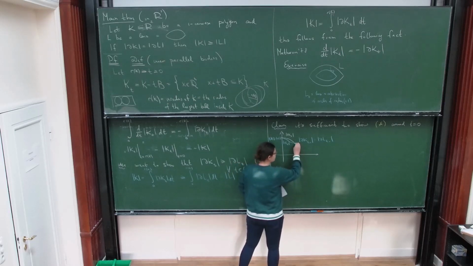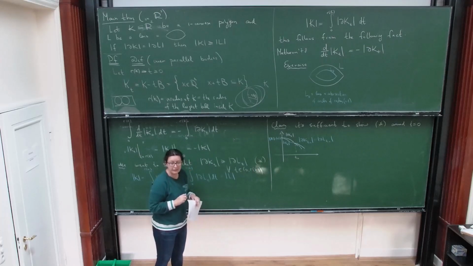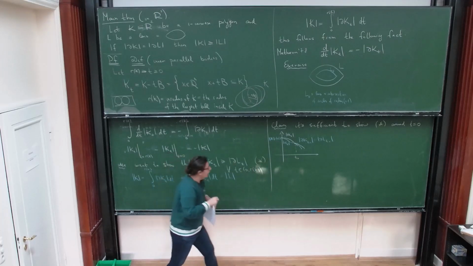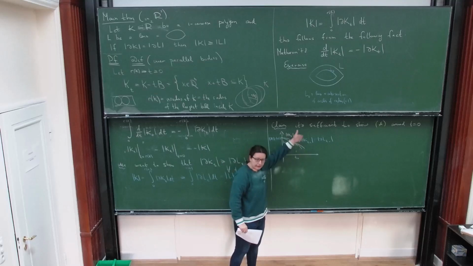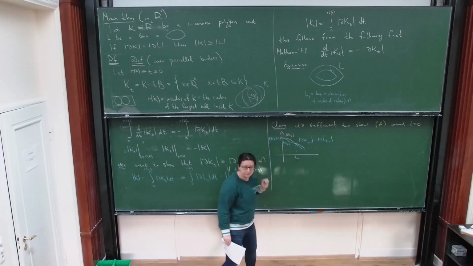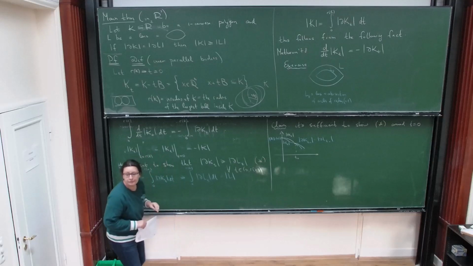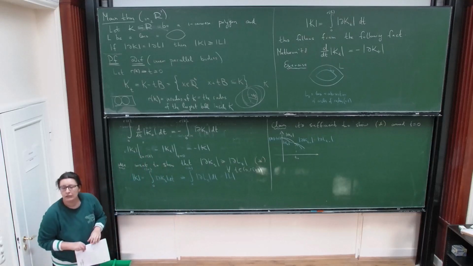The correct picture would be that maybe they touch, but nevertheless in this neighborhood L still has to be below K. Then we keep going and repeat essentially the same process. The most important thing is that we will find intervals in which one is strictly above the other. Does that make sense?